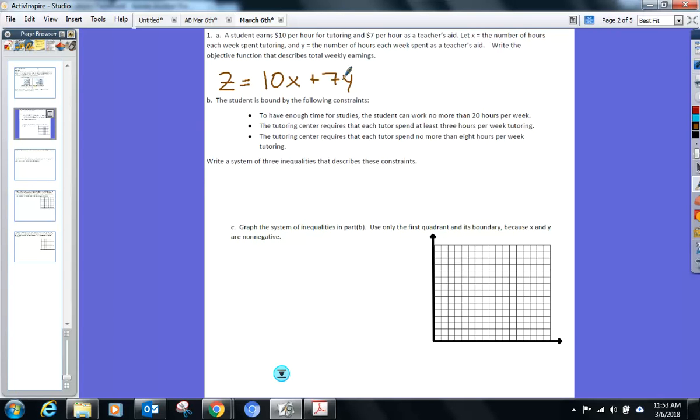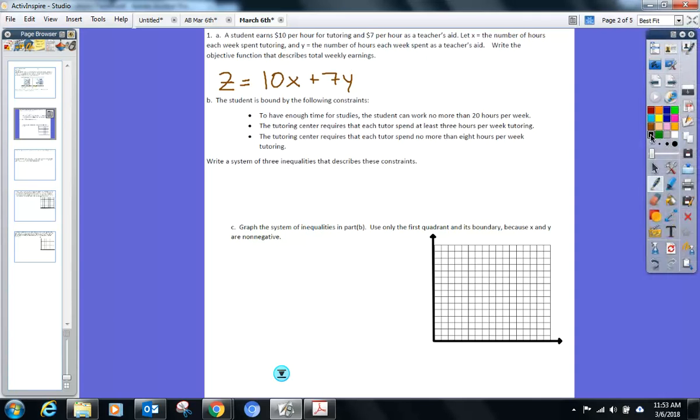Three constraints, three inequalities you got to help me set up now. We can't work more than 20 hours. I got tutoring hours and I have teacher aid hours. Can't be more than 20. Want to help me set that one up first?